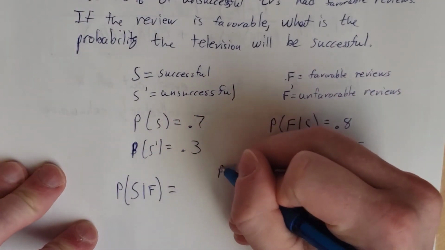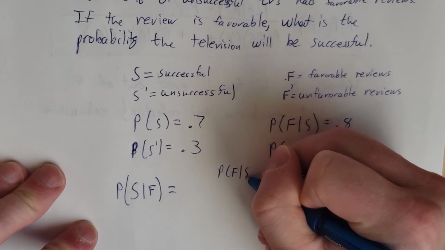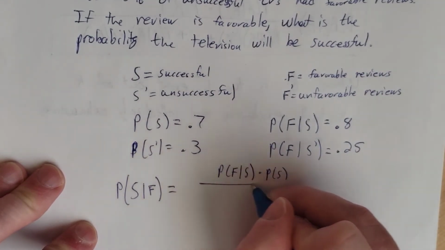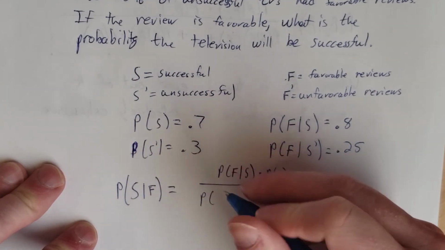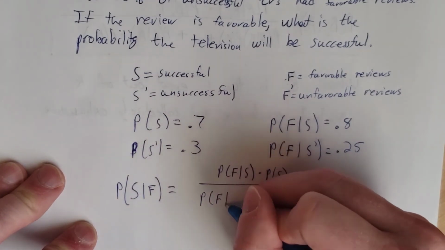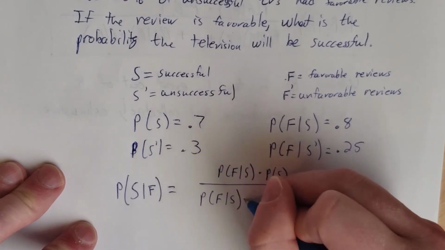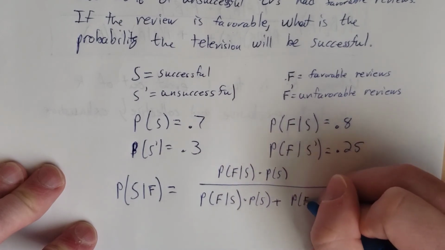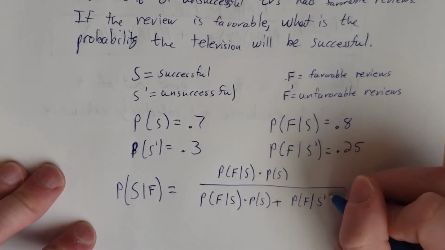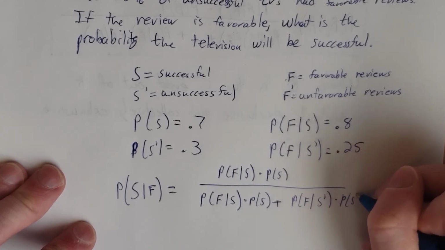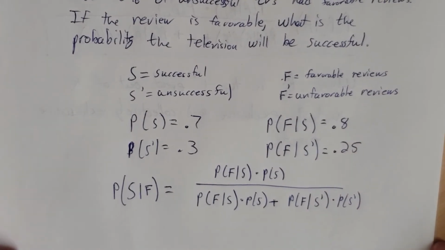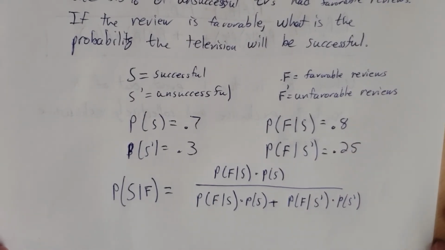This becomes the probability of a favorable review given it is successful times the probability it will be successful, all divided by the probability of a favorable review given it was successful times the probability it was successful plus the probability of a favorable review given it was unsuccessful times the probability it was unsuccessful. And this is our situation filled out using Bayes' theorem.